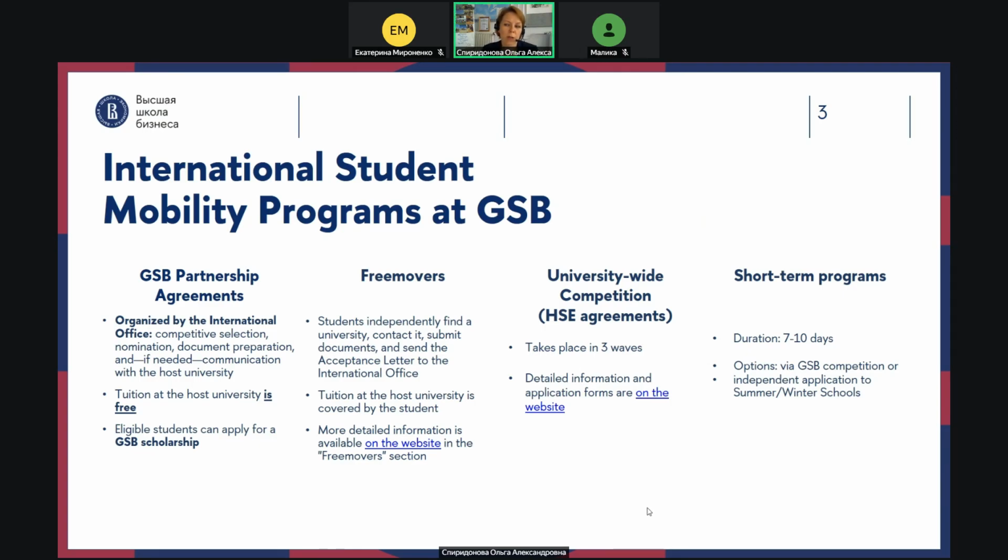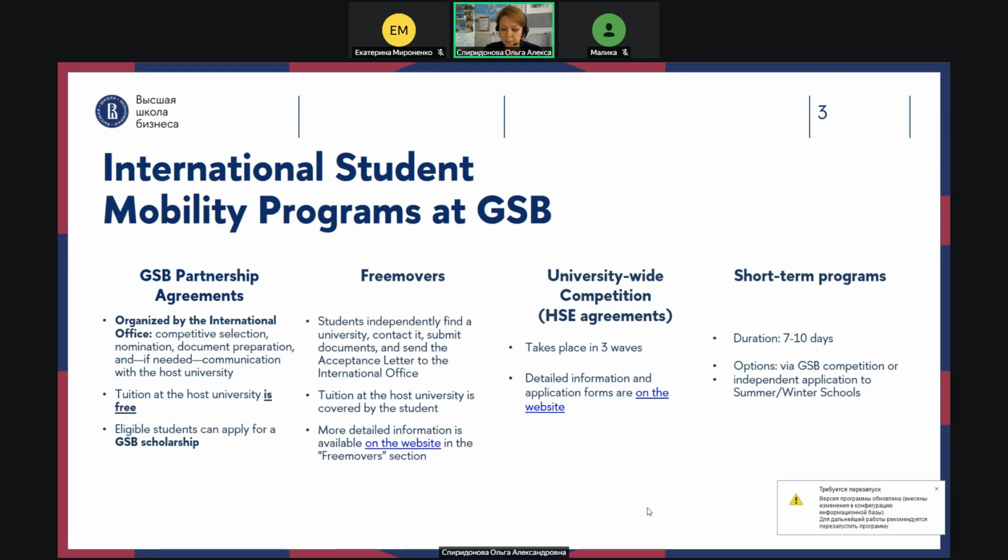Also, you can go as a free mover. It means that you do everything independently. You find a university, you rate them, you agree about everything, and know all the details. And after the application process, you send us an acceptance letter and some package of documents, and go for the mobility.